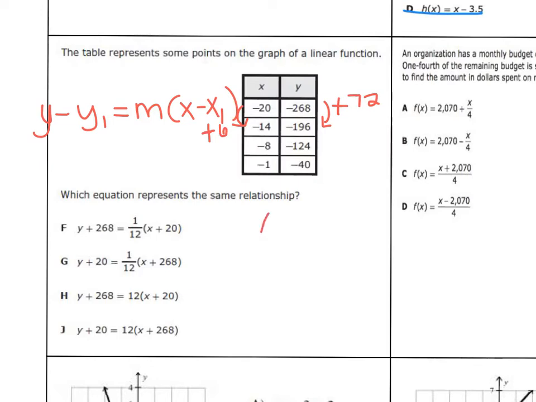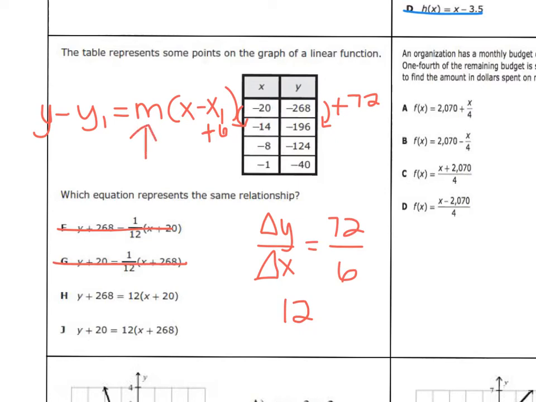So our slope, our change in y divided by change in x is 72 over 6. 72 divided by 6 is 12. So I can go ahead and cross off F and G because both of those do not have a slope, our m, as 12.